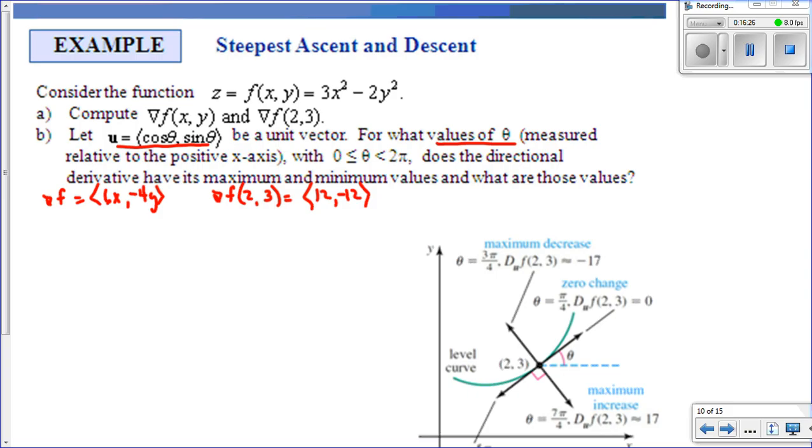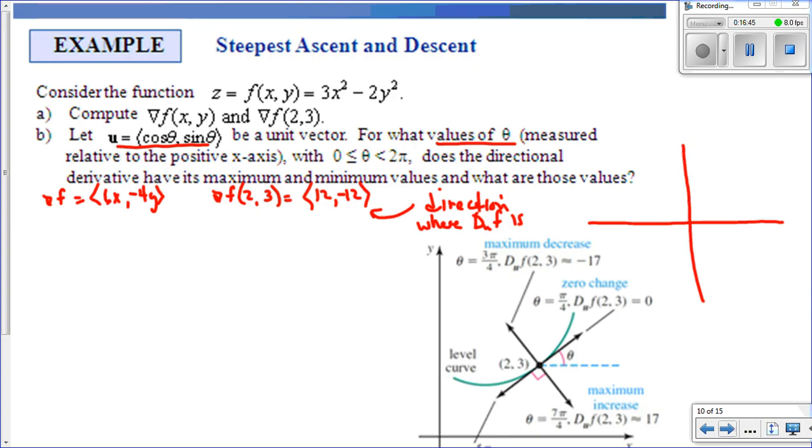And now I'm going to use the vector u, and I want it to be the maximum value. So if I'm going to have the maximum value, let's look at the vector 12, negative 12. We know this is the direction to get the maximum value. So we just want to figure out what that angle is.